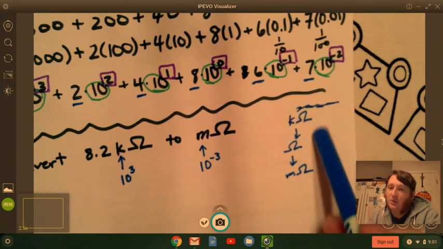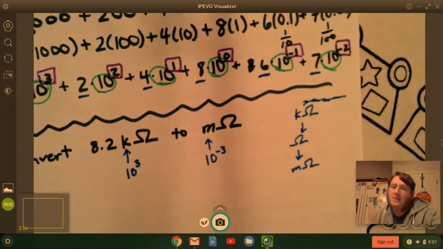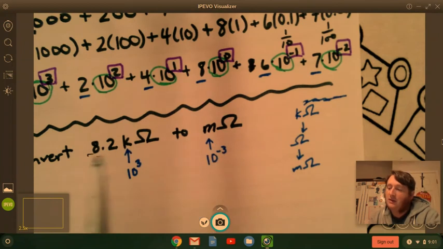So we've moved, so to speak, a total of 6 decimal places. And then think about this. We're going from big units to small units, and so this number has to get even bigger, because for it to be the same as this, it's got to be an even larger number.